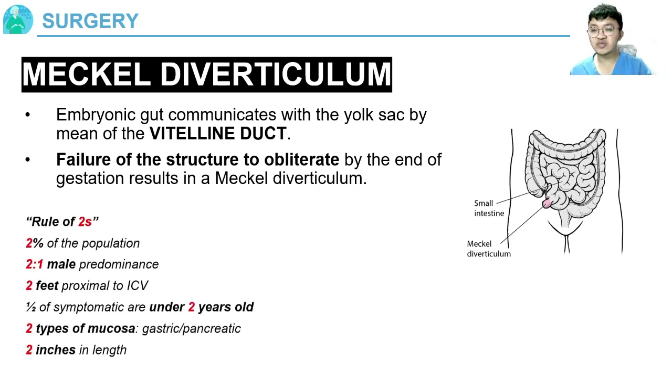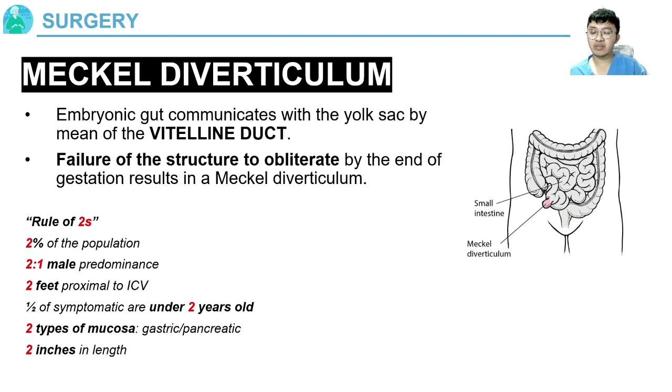So the rule of twos for Meckel's diverticula: it's 2% of the population, 2:1 male predominance, 2 feet proximal to the ileocecal valve, and 1/2 of symptomatic patients are under the age of 2 years. 2 types of mucosa are seen, gastric more commonly than pancreatic. It's the gastric mucosa there that actually predisposes patients with Meckel diverticulum to bleeding, 2 inches in length also.